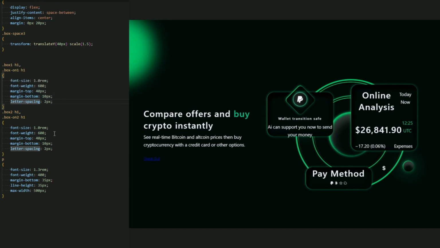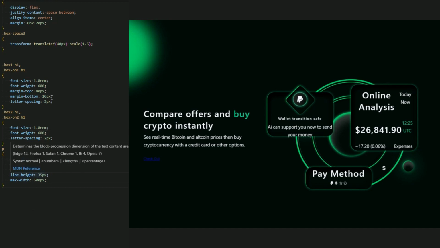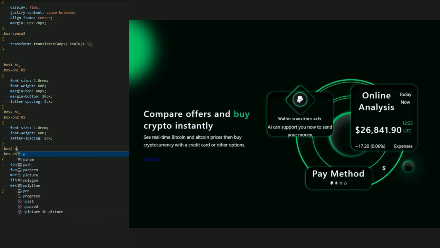Let me just remove this margin. We don't need the margin. Okay, now for the box 2 h1, we don't need the margin, and letter spacing, let it be this. Everything is good for the box 2 h1. Now for the p of box 2p.